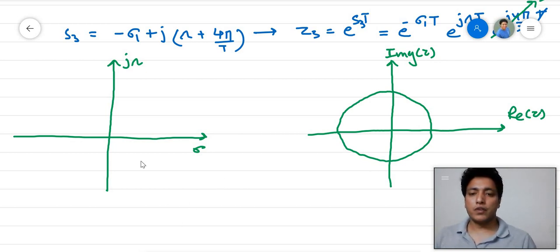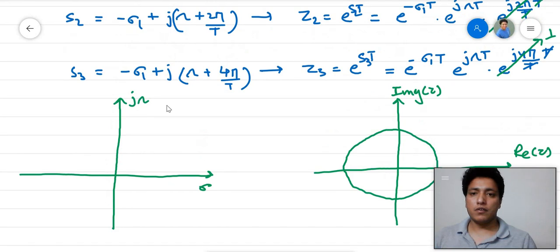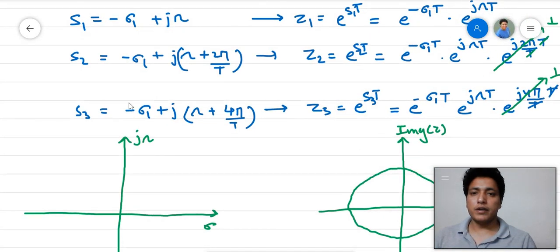Now what we have done is made the points sigma 1 common. So on the real axis, this is the point where sigma 1 is minus.